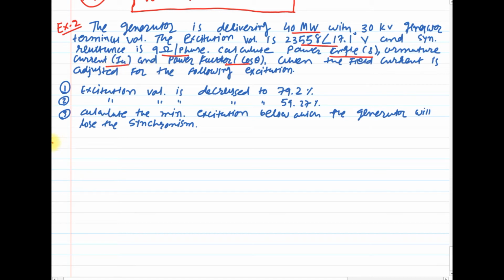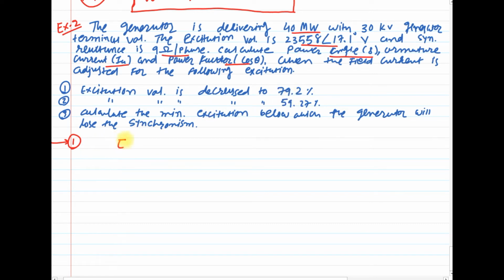So let us start the example from case 1, where it is given that the excitation voltage is decreased to 79.2 percent. Clear? So we have to calculate the new excitation voltage with a decrease to 79.2 percent of the original excitation.